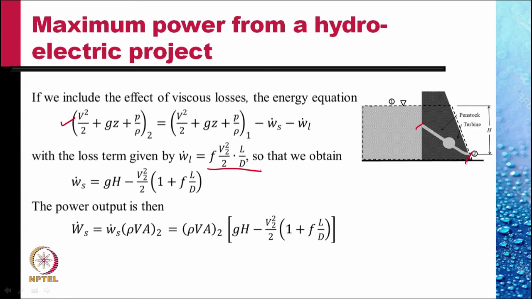The energy extracted per unit mass throughput is now given as this. The power output is the energy extracted per unit mass throughput times the mass flow rate through the penstock, and this is the expression that we get.